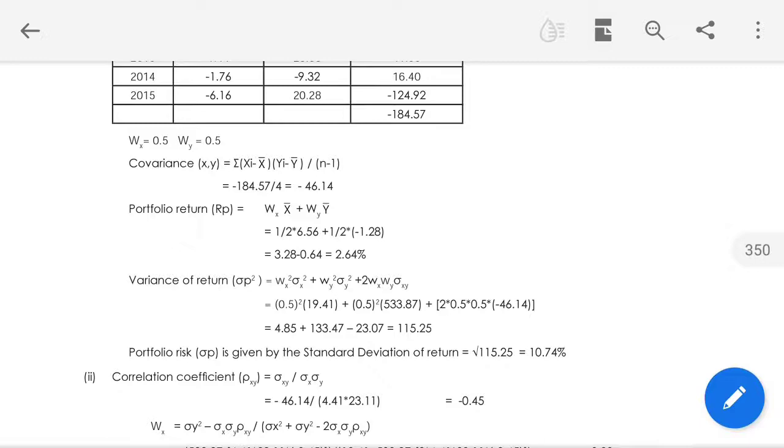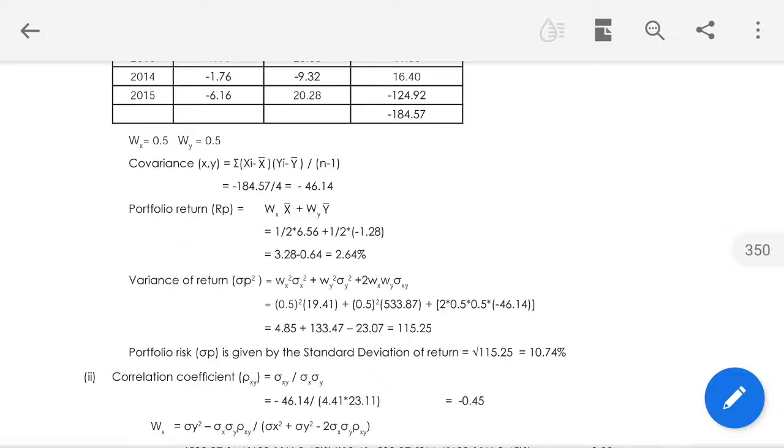So we need to follow this formula based on the details we have. Weight x square into sigma x square plus weight y square into sigma y square plus 2 weight x weight y sigma xy.